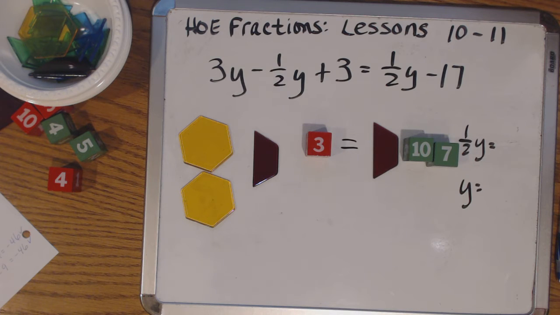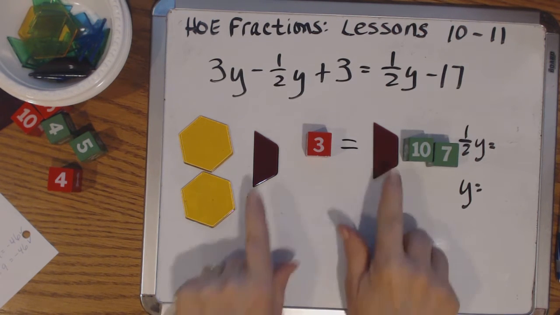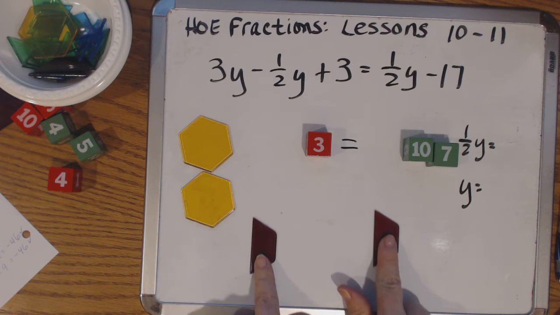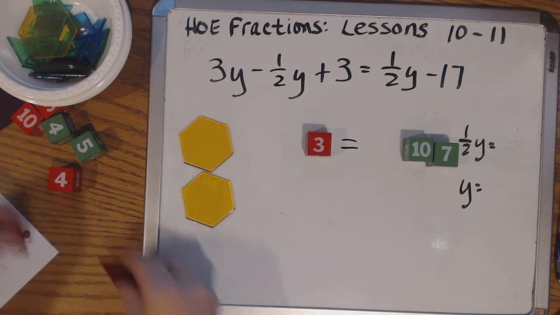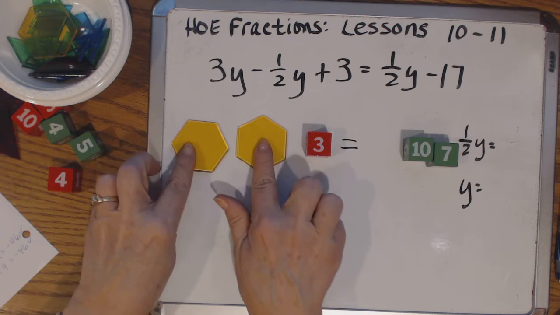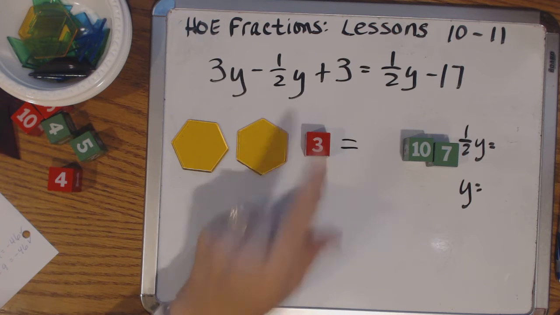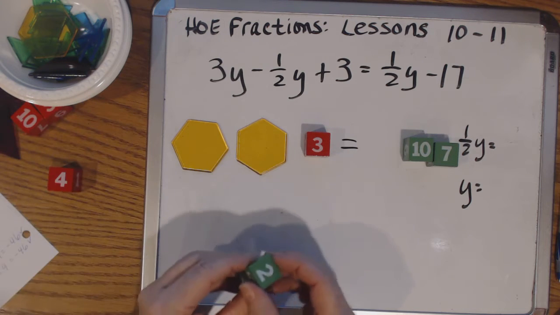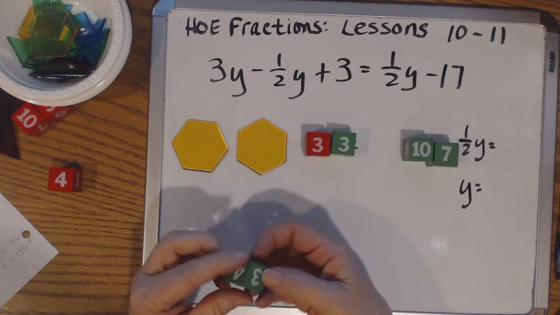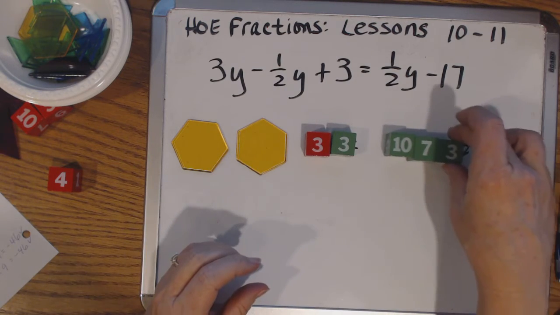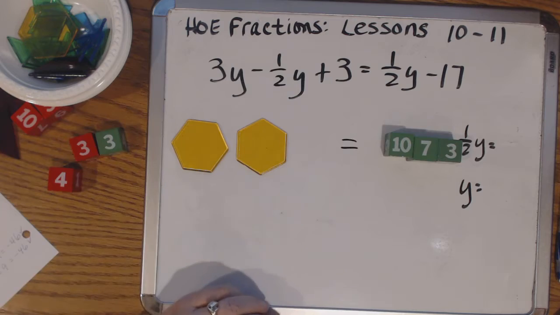Hopefully you can see right away, this is super easy to do. I can take away these halves from both sides. Okay, so now I'm left with that. And then to get rid of my 3, well, add a negative 3 to both sides, which is going to zero that out.